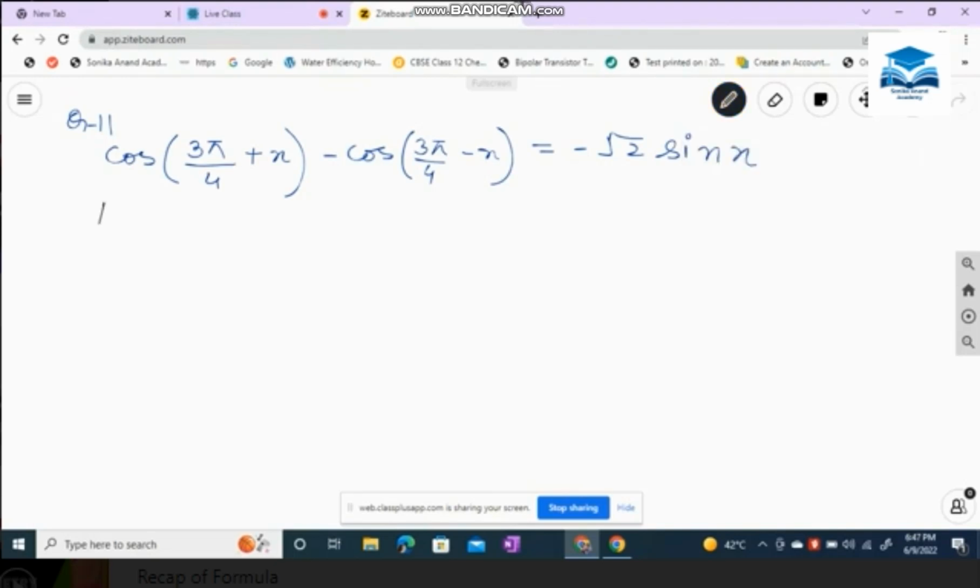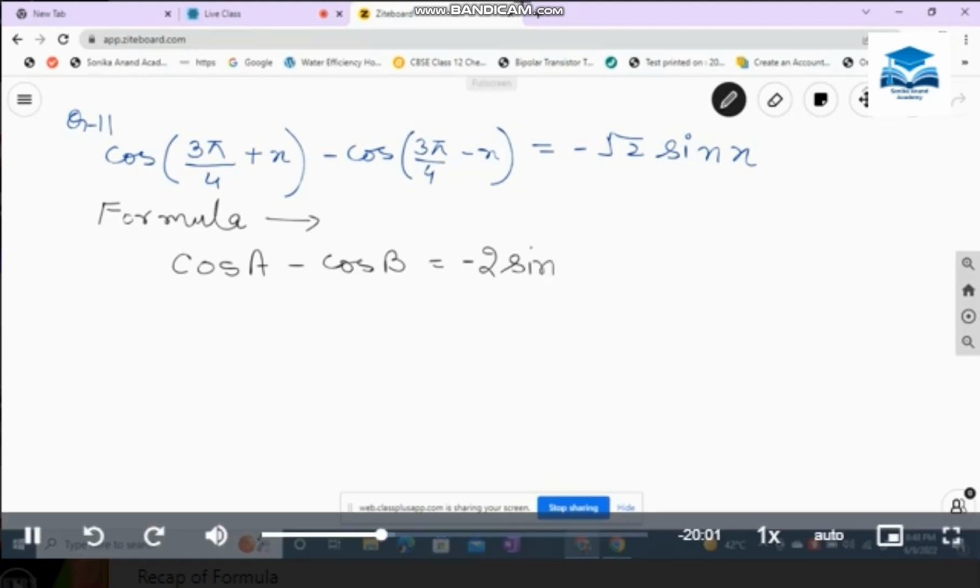So the formula used over here is cos A minus cos B. Now this is minus of two cos values, so you simply write minus 2 sine. Sine A, sine B, you have learned this when you have to subtract the cos values.